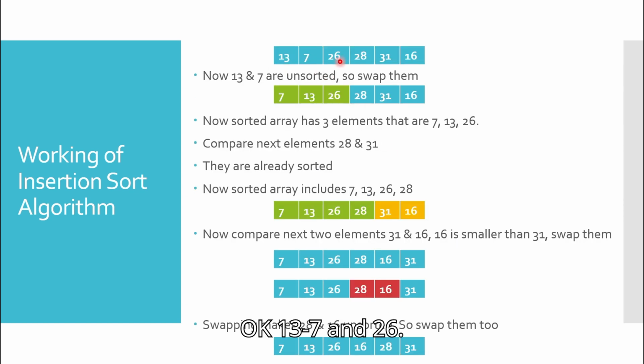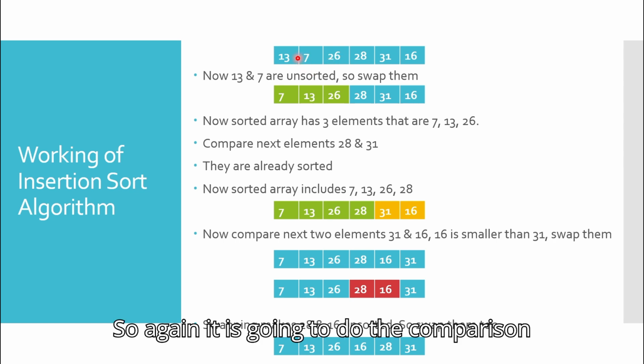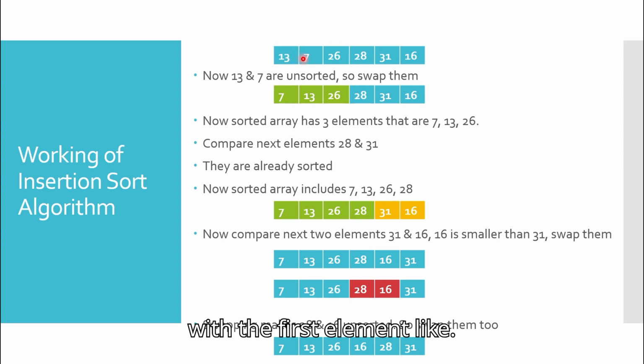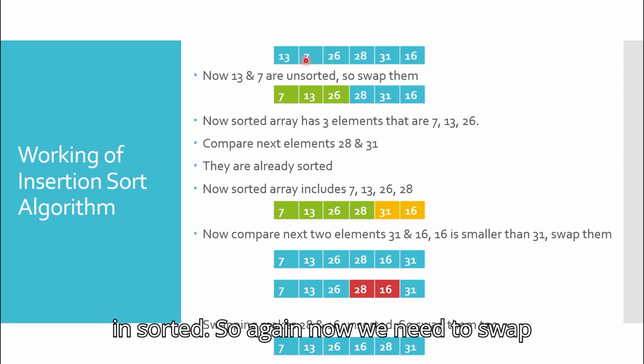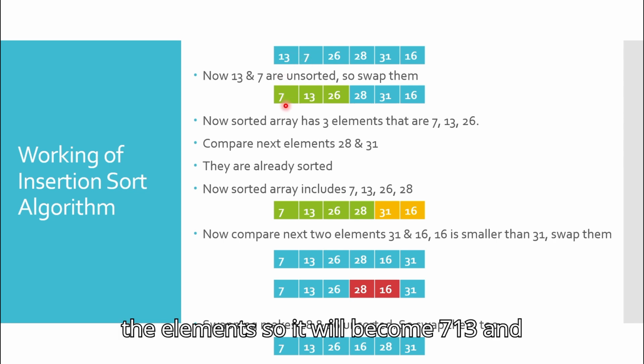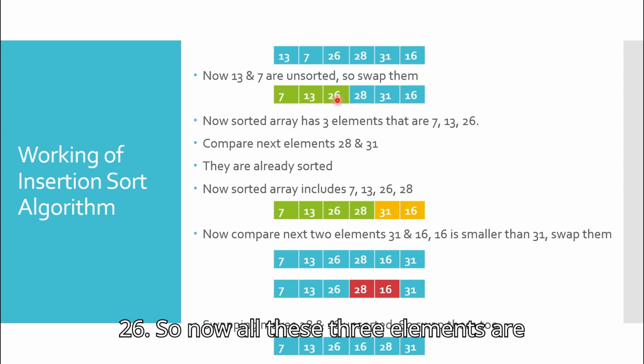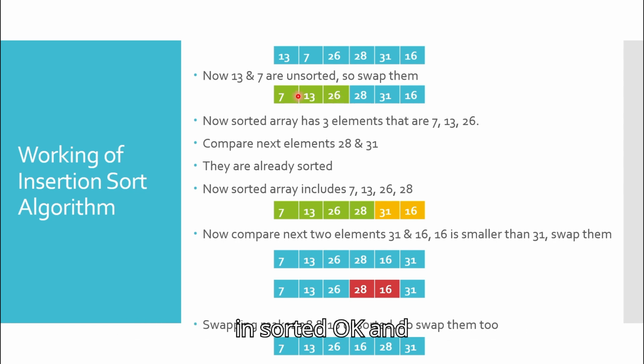Again it does the comparison with the first element, 13 and 7. These two are not sorted, so we swap the elements again, and it becomes 7, 13 and 26. Now all these three elements are sorted, and they are in the sub-array list.